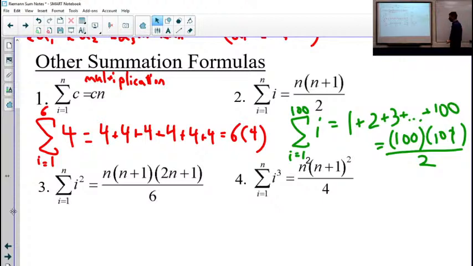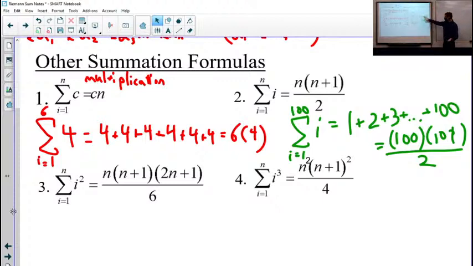Now, these are not formulas that you'll have to memorize. If any of you have been interested in or have talked to anyone about doing scholastic bowl or math team, this might be a useful formula to know, because sometimes those come up on things like math team or scholastic bowl.